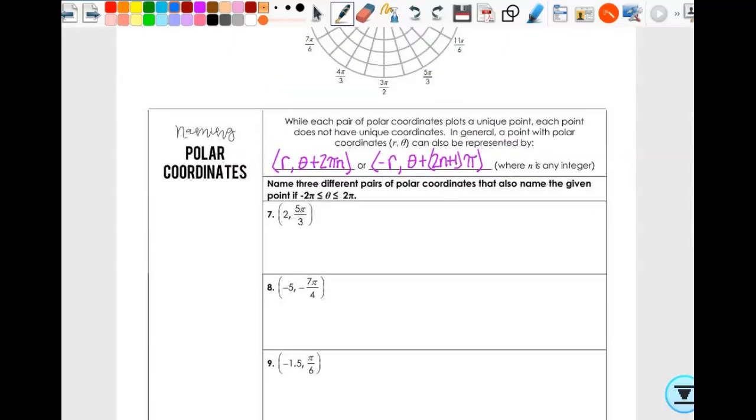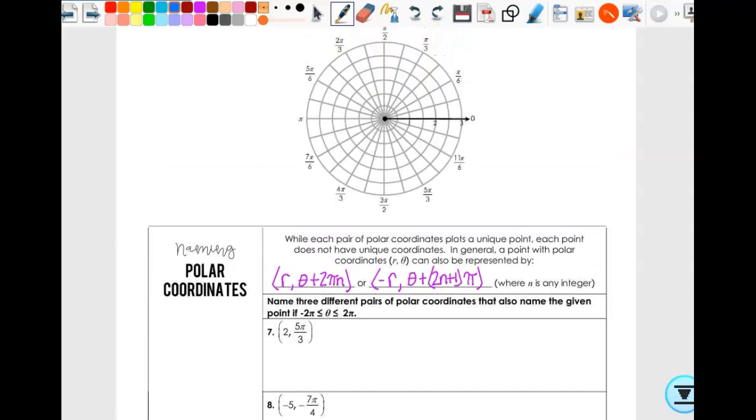We're going to talk about it using this first one here. Okay, so we're going to plot this point (2, 5π/3). So I'm going to go to 2, rotate around to 5π/3, which is right here. So that's where that point should be. That's not the only way to get here, right?